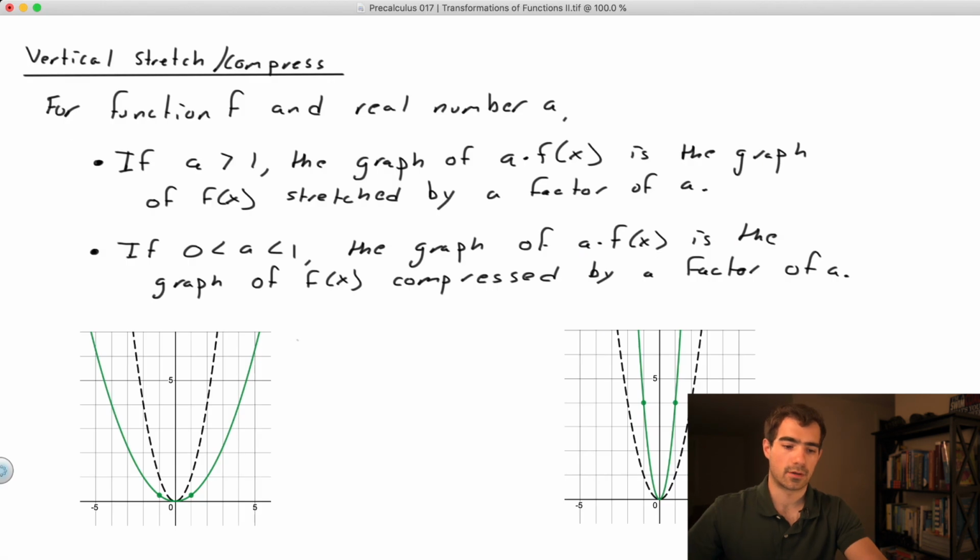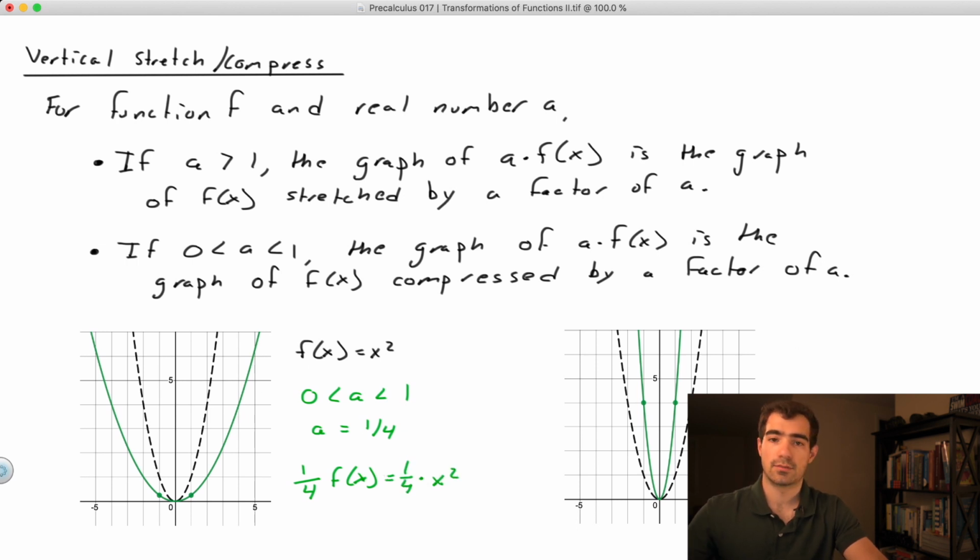And so again, from our original function in the dashed black line of f of x equal to x squared, we can see in green for when a is between 0 and 1, or in this case, a equal to 1/4, our new function, 1/4 f of x, or 1/4 x squared, is shown in green on our graph. And similarly on the right, we also have our original function of f of x equal to x squared in the dashed black line.